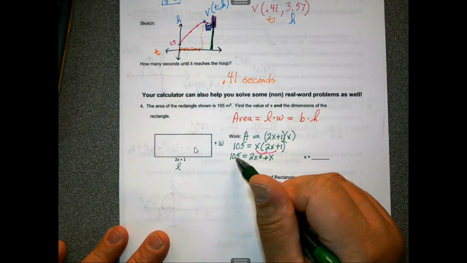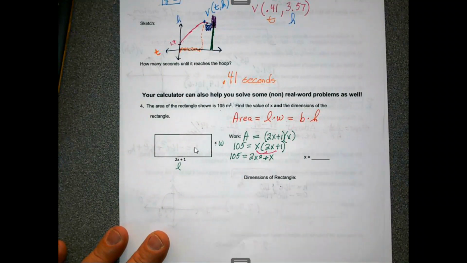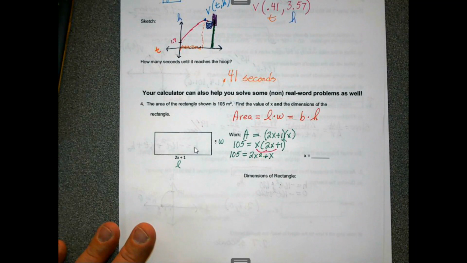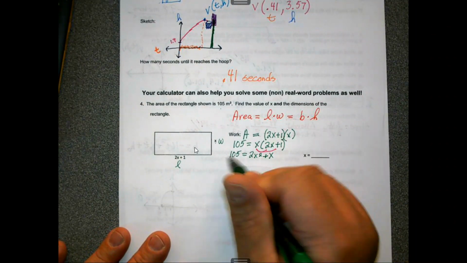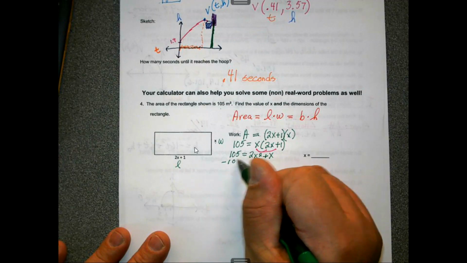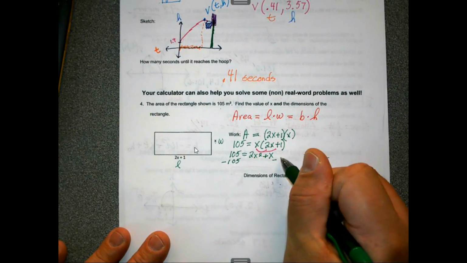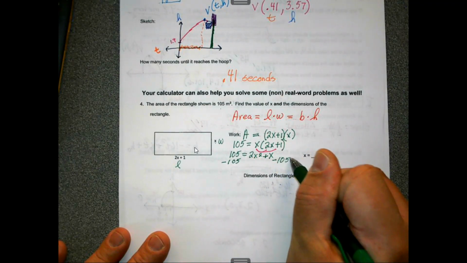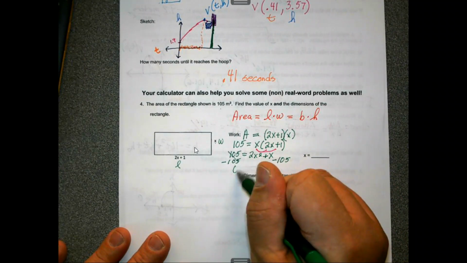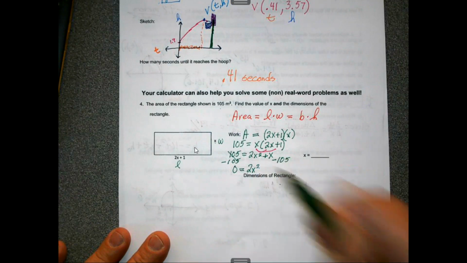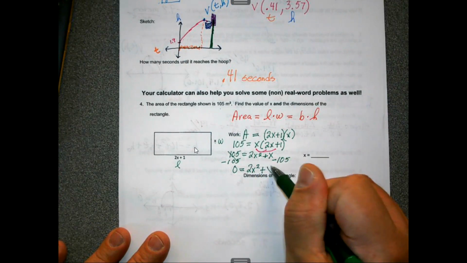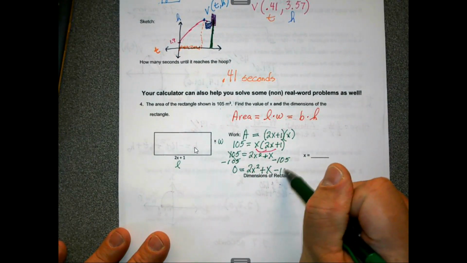Now, in order for us to graph or find the roots of this parabola, I need my y to be 0. So I'm going to subtract 105 from both sides. So I get 0 equals 2x squared plus x minus 105.